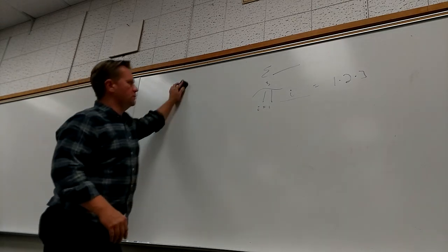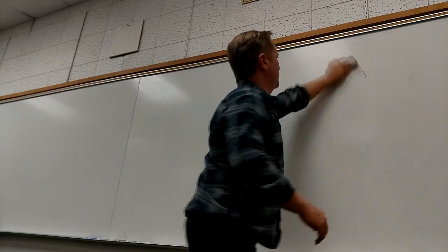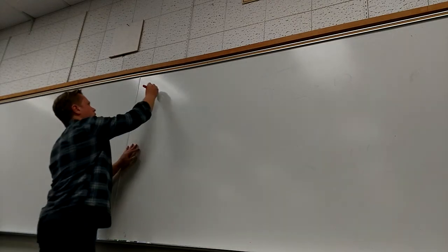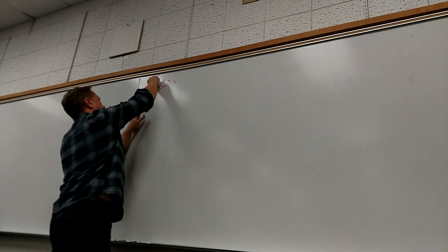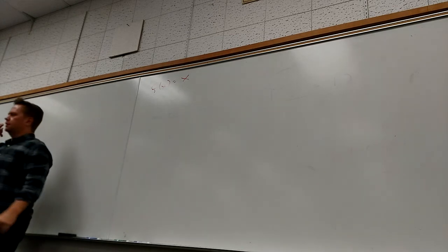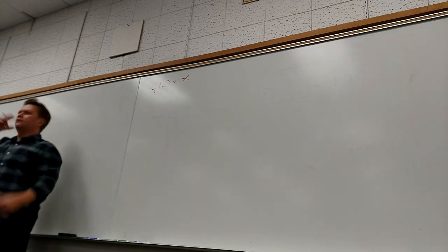Now, let's remember what we did last time. Let's do a quick little example, just one that we can do quickly to get the process down. So f of x equals x.